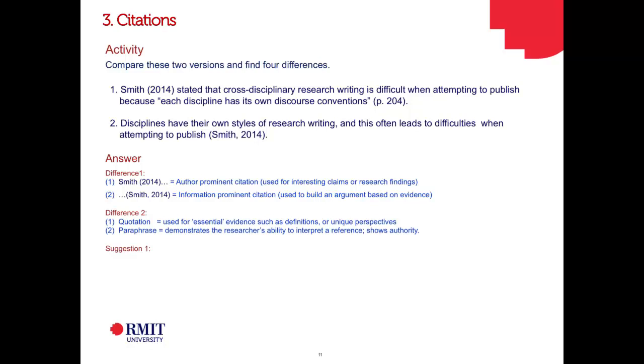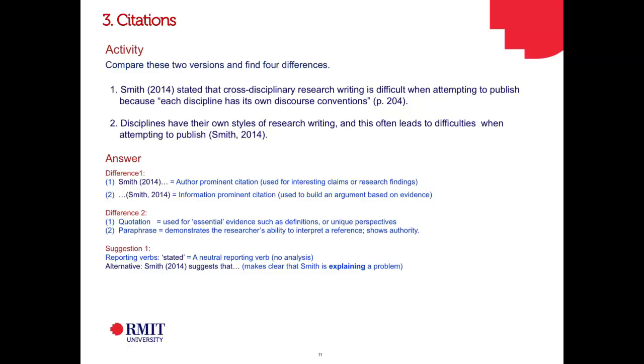A third suggestion. Sentence one can be improved upon by changing the reporting verb stated. Now, this verb is neutral and doesn't show that the research writer has analysed what Smith's intention is when he makes this announcement. A better reporting verb is suggests, because it shows that the writer understands Smith to be explaining why a problem exists.